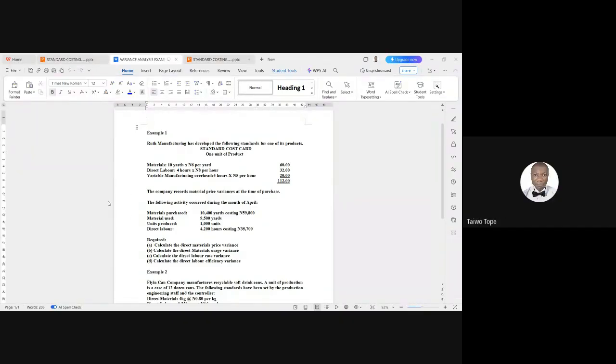Let's read further. The company records material price variance at the time of purchase. The following activity occurred during the month of April. This is the actual results now. Material purchased: we purchased 10,400 yards, costing 59,800.